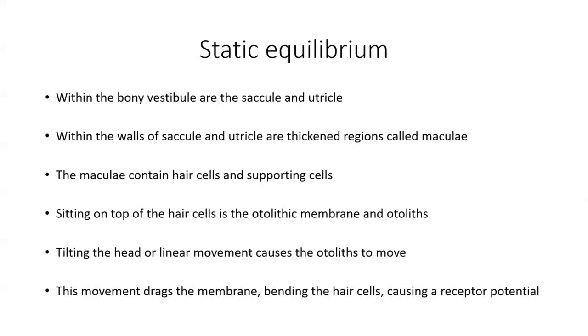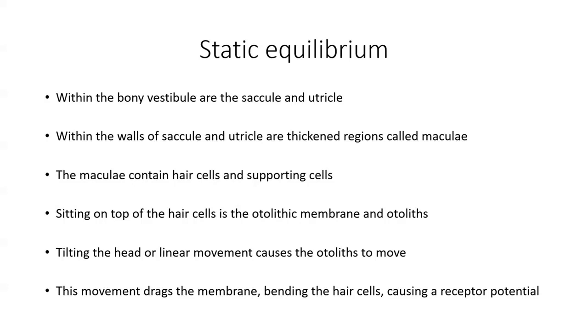Looking at static equilibrium specifically, within the bony labyrinth of the vestibule are the saccule and the utricle. Within the walls of the saccule and the utricle are thickened regions called macula. The macula contain hair cells and supporting cells. Sitting on top of those hair cells is the otolithic membrane.